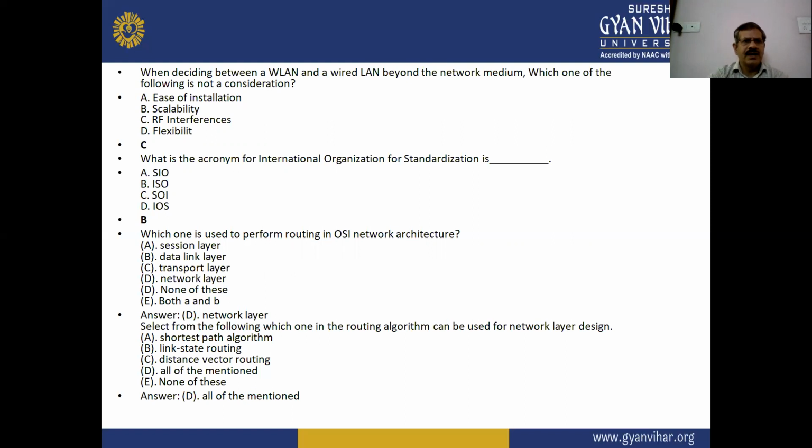Option A, ease of installation; B, scalability; C, RF interference; D, flexibility. So here the correct option is C, RF interference.